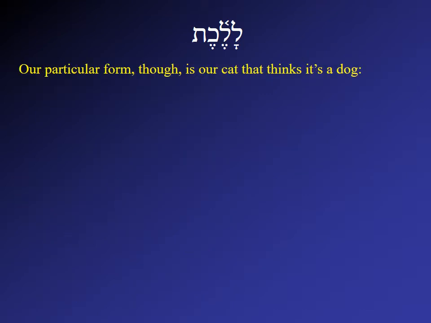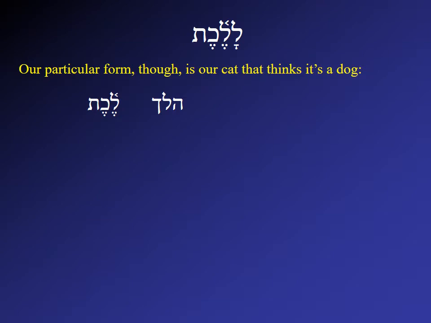Now, our particular form is not actually a first yod. It's our cat that thinks it's a dog. Lechet, if we follow our rule, we might think it was yalach, yod lamed chaf, but of course we know that it is in fact the first hey root, halach.